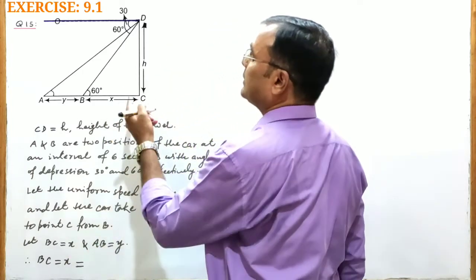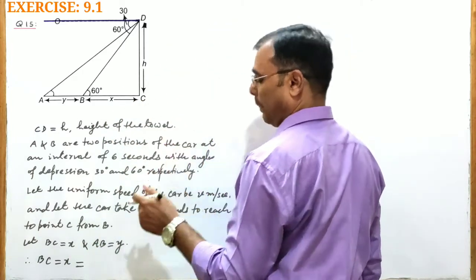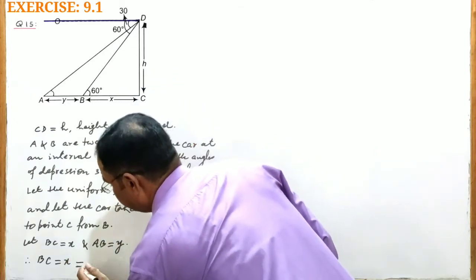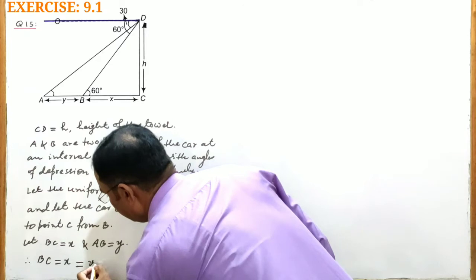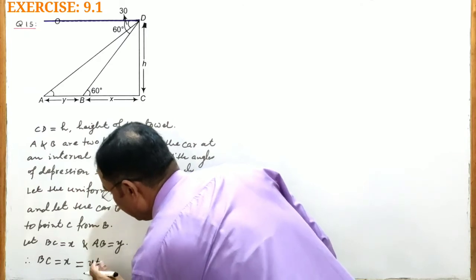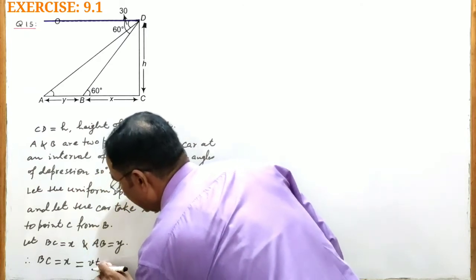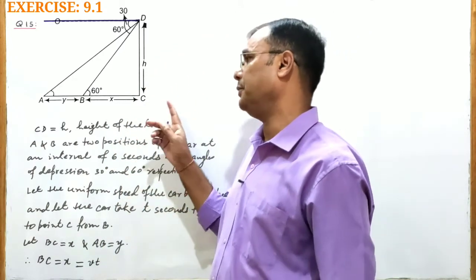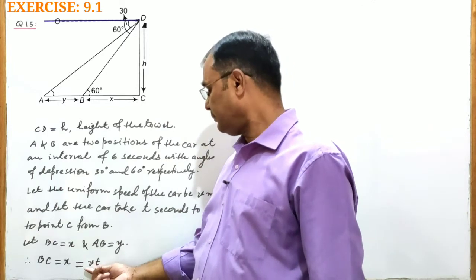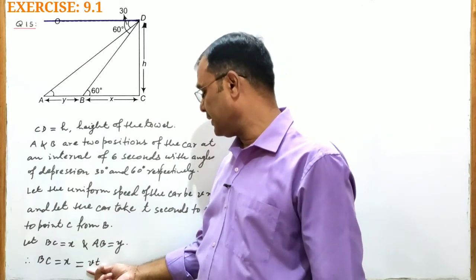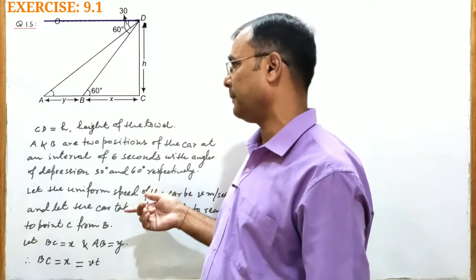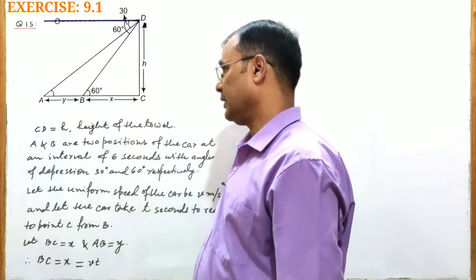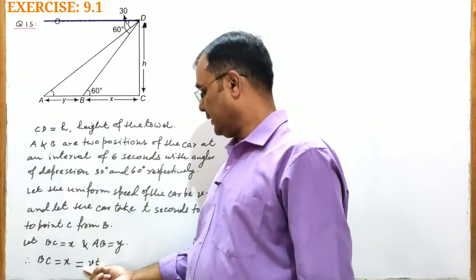x is distance, so BC is equal to speed into time. V is the velocity, the speed of the car, and t is the time the car takes to reach the foot of the tower C from B. So in terms of uniform velocity V and time taken, it is Vt.